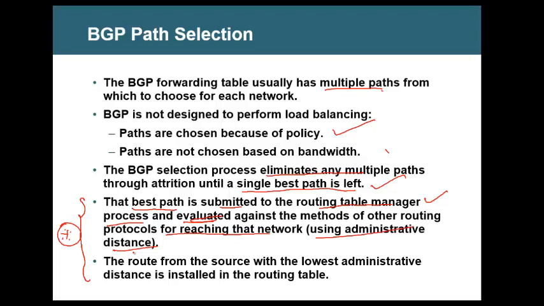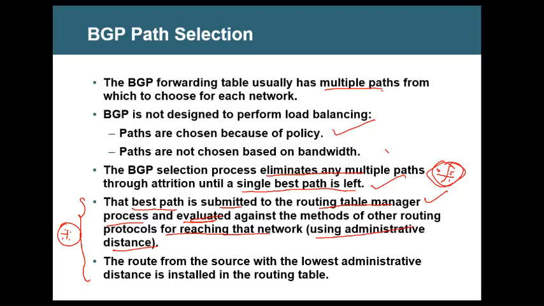So the routing table will decide to take the best path given by the routing protocol which has the lowest administrative distance. That's why I said BGP selects the best path, but it is not guaranteed that it will be taken as the best path for the router.